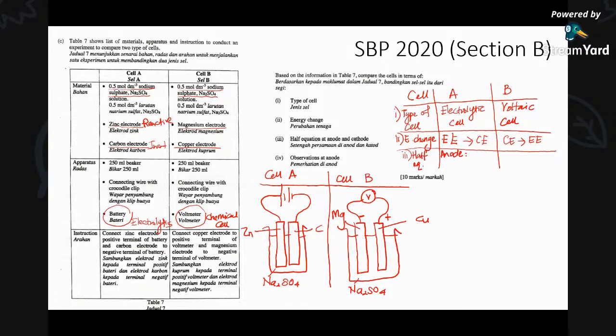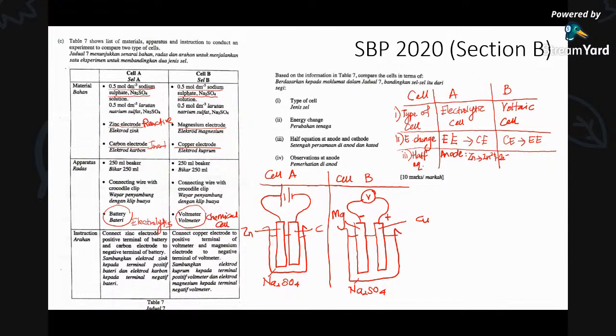Zinc itself will take part in the reaction. So zinc will dissolve. Okay, zinc will produce Zn2 plus 2 electron. Okay, anode undergoes oxidation. Okay, oxidation means lose electron. So can you see lose electron?